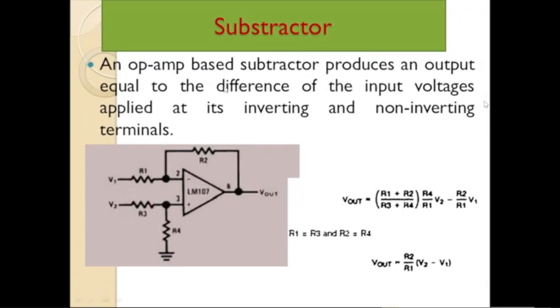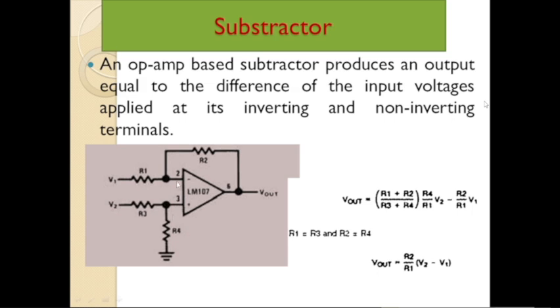So the subtractor, an op-amp based subtractor, produces an output equal to the difference of the input voltages applied at its inverting and non-inverting terminals. Whatever inputs we apply across the two input terminals, 2 and 3, if we take IC 741, 2 and 3 are the inputs, 6 is the output, and 7 and 4 are where we apply the DC power supply.